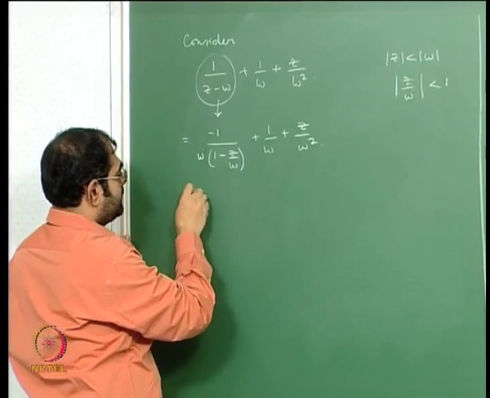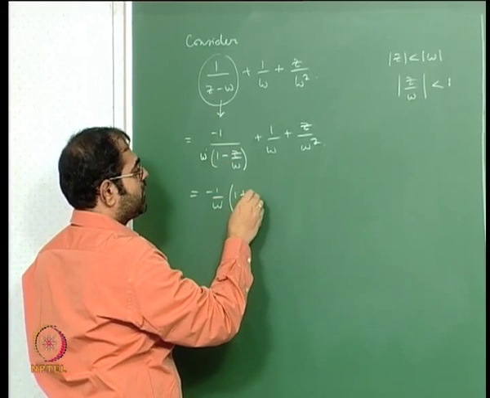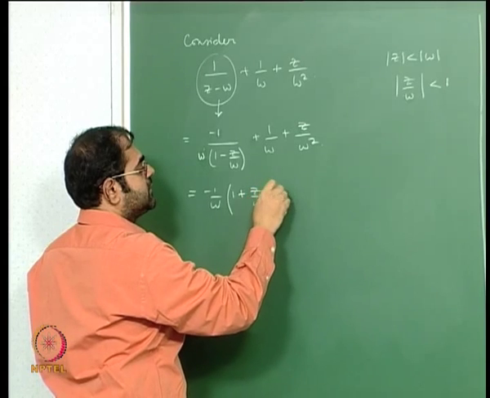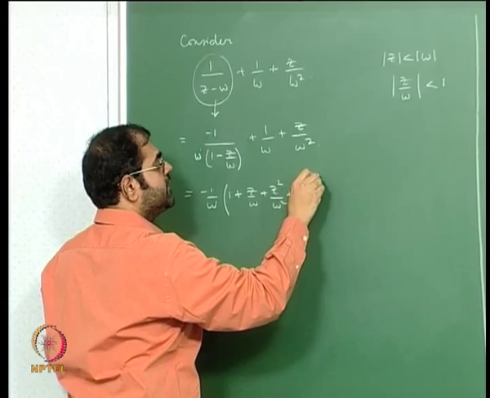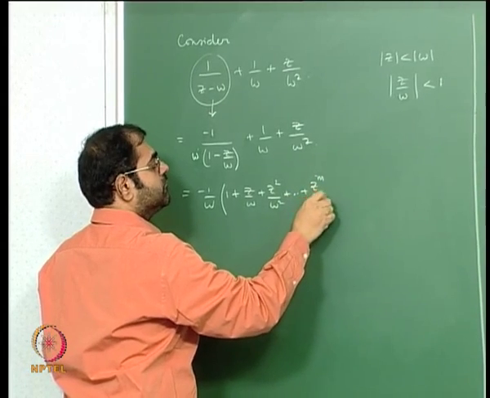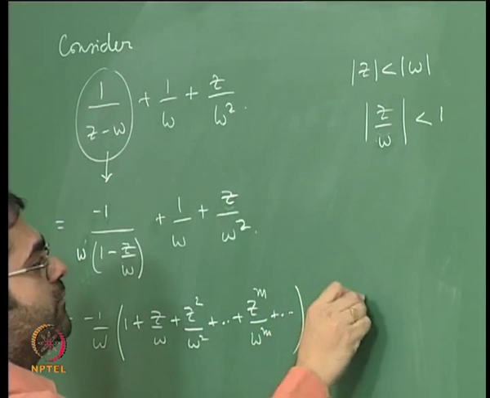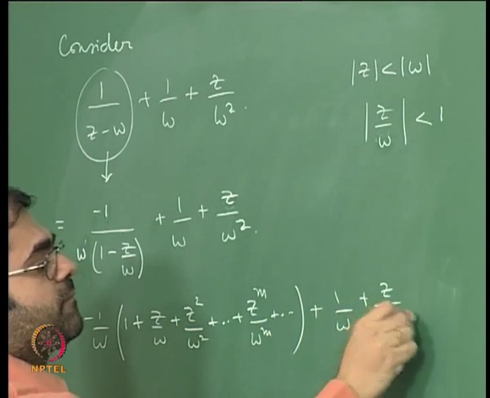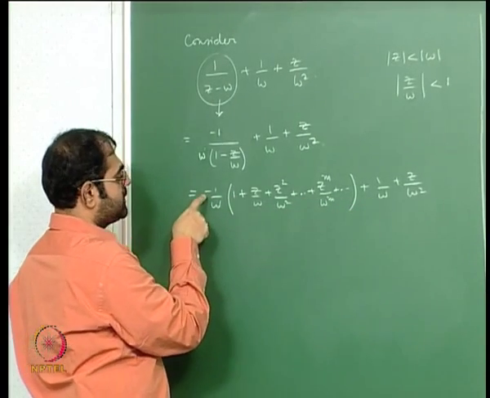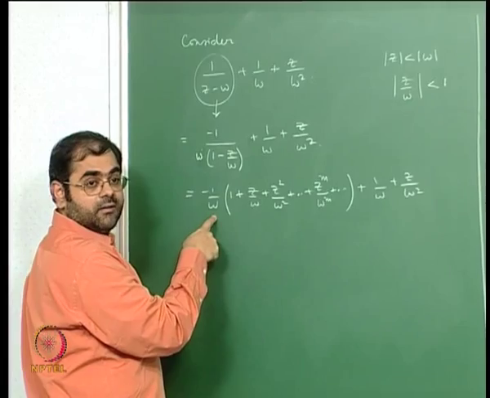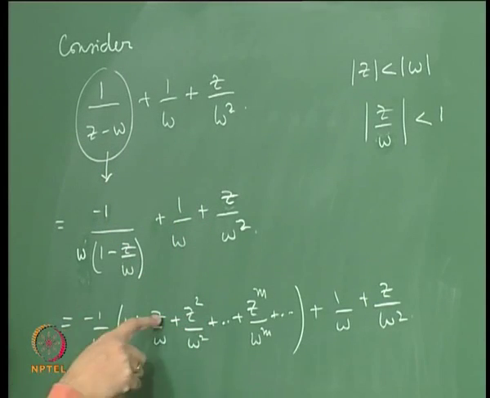Then this is minus 1 by omega, and if I expand this by the geometric series, I will get 1 plus z by omega plus z squared by omega squared and so on. The general term will be z power m by omega power m. I will get this plus 1 by omega plus z by omega squared, and you can see that this 1 by omega is going to cancel with the first term minus 1 by omega, and this z by omega squared is going to cancel with the second term, which is minus z by omega squared.